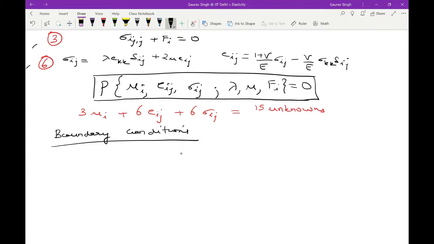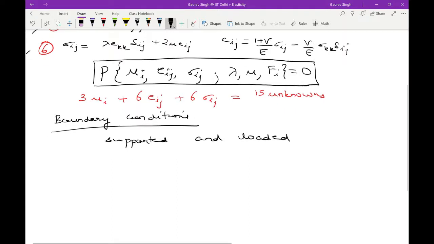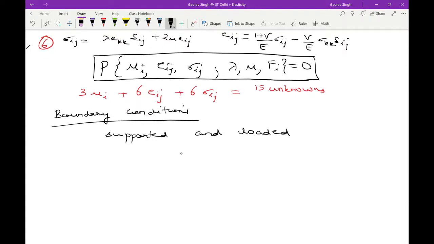One is called the supported, and the other is called the loaded. This concept is shown in the diagram that I'll draw over here. It's actually the same body, but I'm not able to replicate my own drawing.